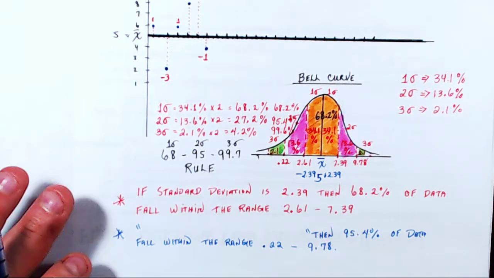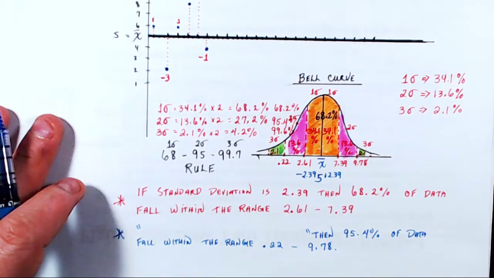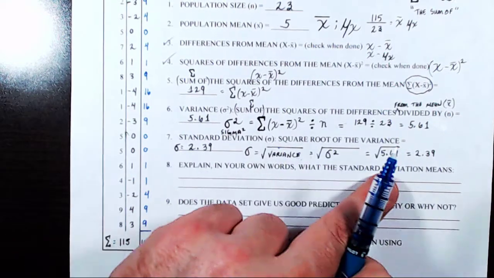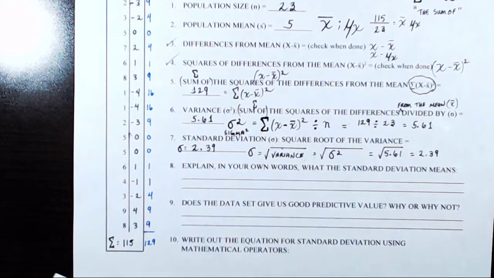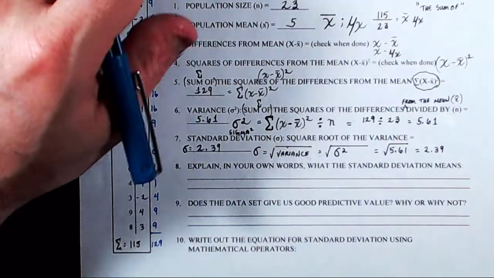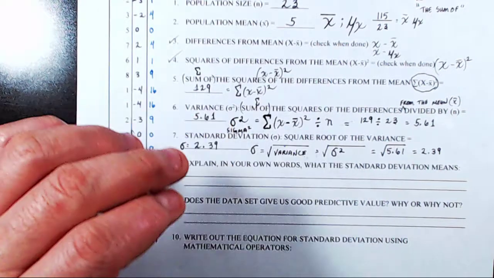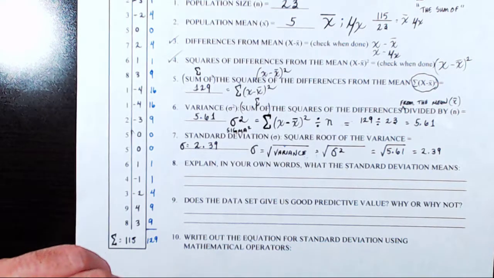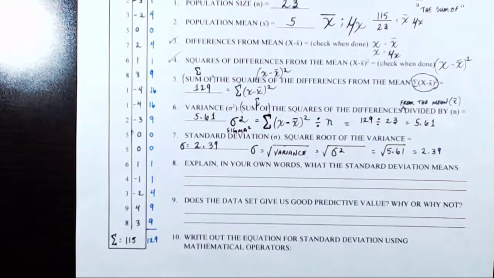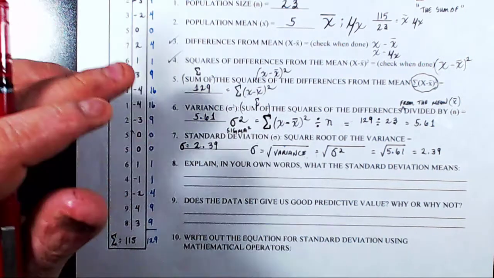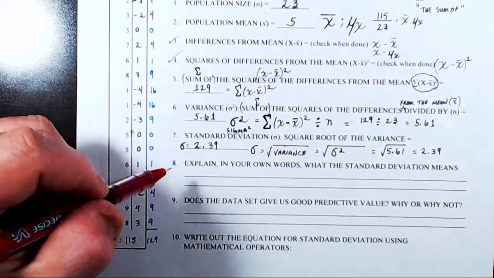All right, so what is, in our own words, what the standard deviation means? The standard deviation is a measure of how close the data are to the mean, how they deviate from the mean in a standard way. So how can I say that in a way that's useful?